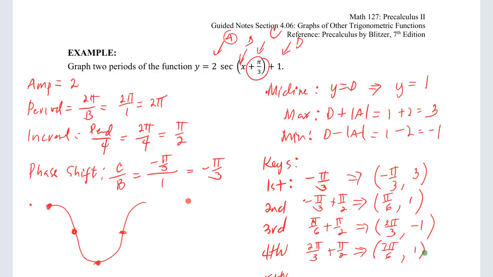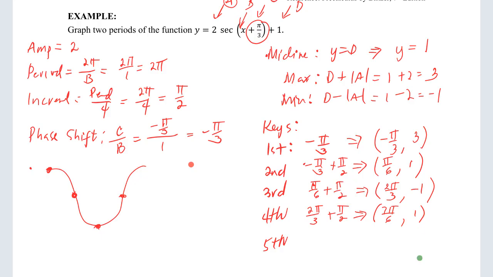Okay. Next, we now have the fifth point. So we have there 7 pi over 6 plus the pi over 2, which gives you 5 pi over 3. And once again, going up to the maximum level, which is 3. Okay, now I do have my complete key points here.